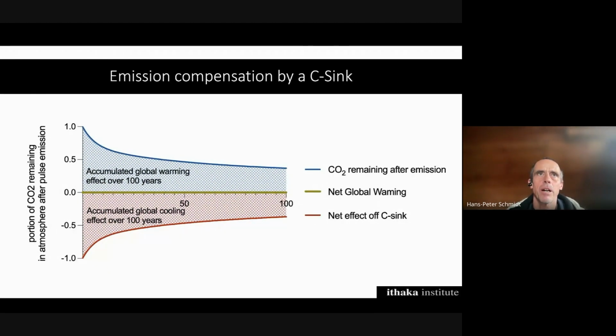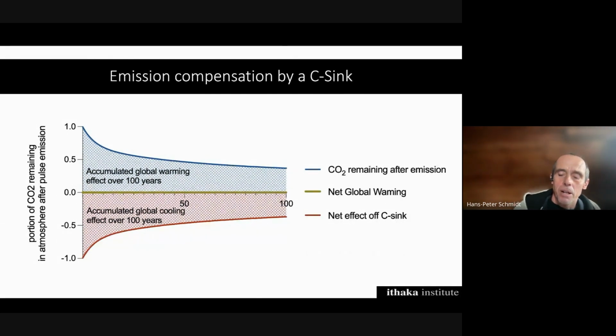And that's why we talk about long-term carbon sinks, because only if you have a long-term carbon sink, and that means more than 1,000 years, you're sure that your carbon removal can balance the effect of the emission. The global warming effect of the emission can be compensated by this very long-term carbon sink.